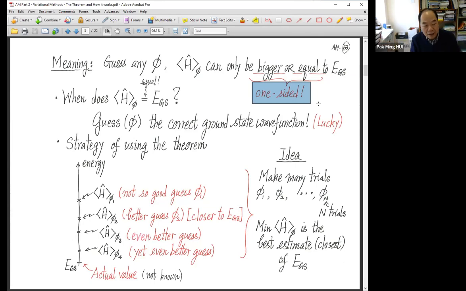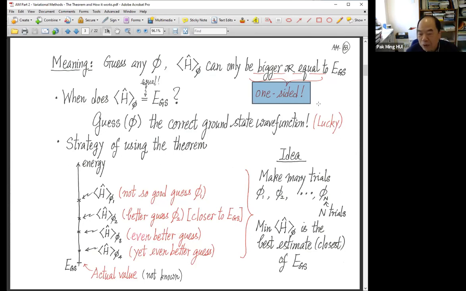But in quantum mechanics, because there is really a lowest energy, the ground state, you can only guess higher. You cannot possibly get something lower than that. That is the nice thing about quantum mechanics.